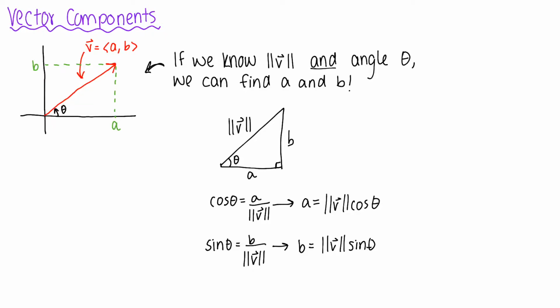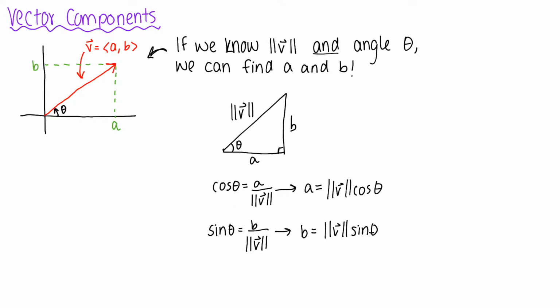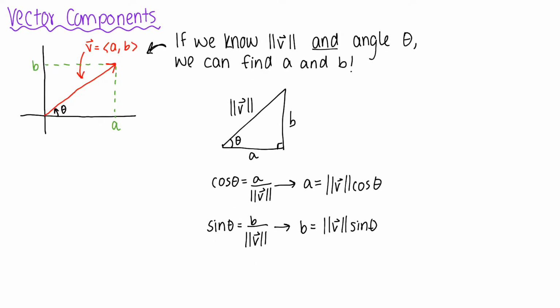Thus, that whole vector, let me move all that up. Thus, the vector V is equal to the magnitude of V cosine theta, comma, magnitude of V sine theta.